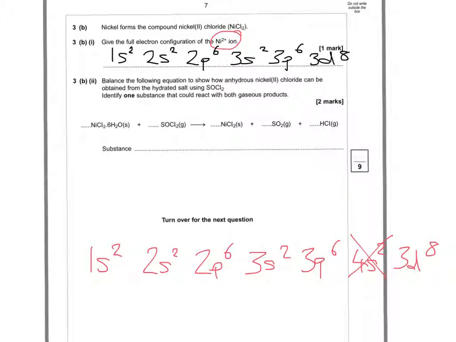The hydrogen, we've got 12 on the left, just 1 on the right. The oxygen, we've got 7 on the left, and just 2 on the right. So, what I'm going to do first is go, okay, well, we need to sort out the oxygens, the hydrogens, and the chlorines.